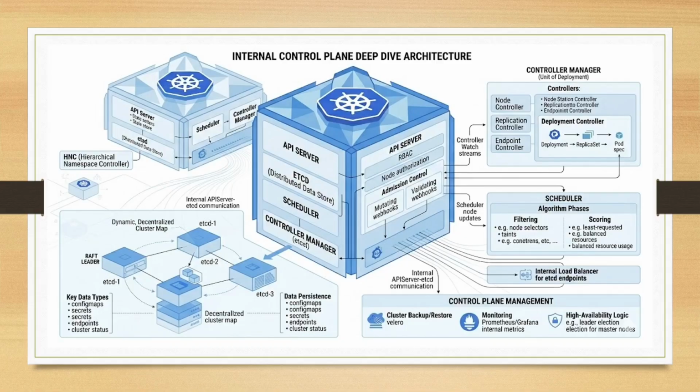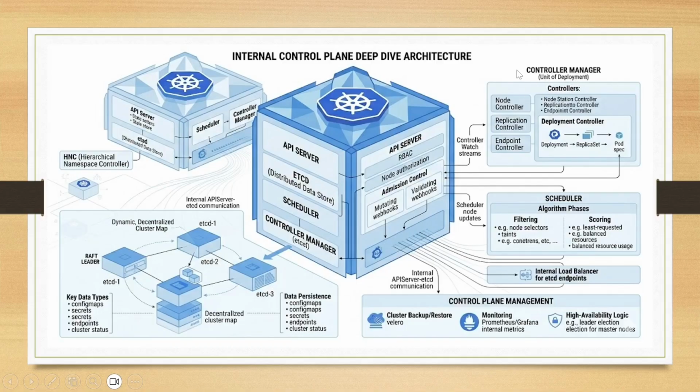So it's very critical to take backups of this, and also monitor this by using Prometheus, Grafana, or any other tools, you can define what tools you are going to use for the same purpose. And also you have to maintain the high availability logic.